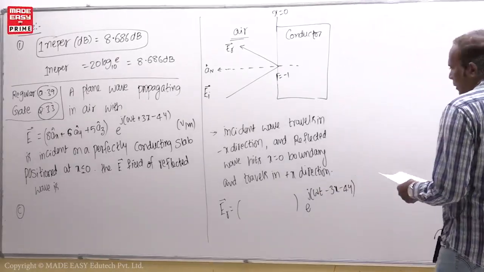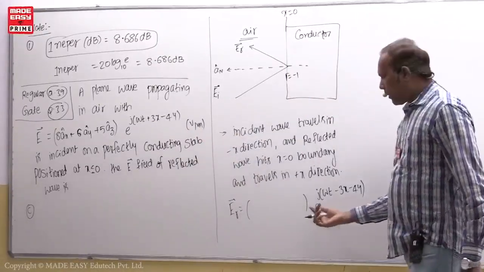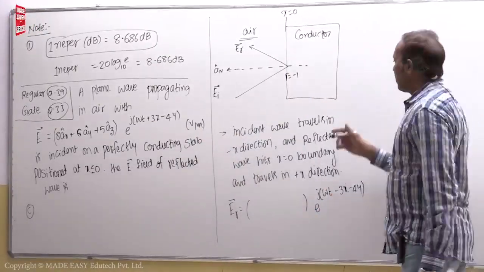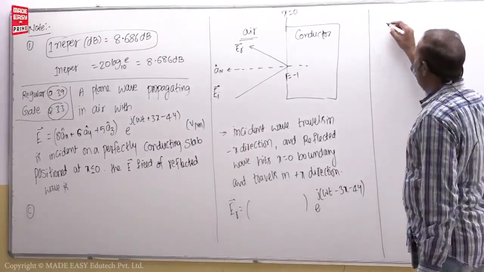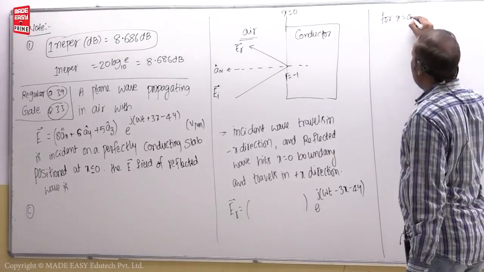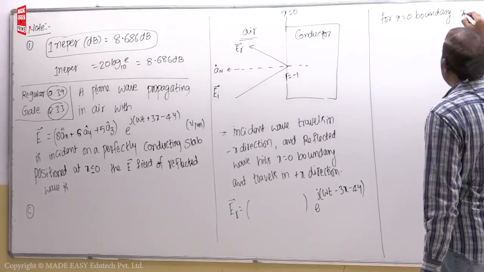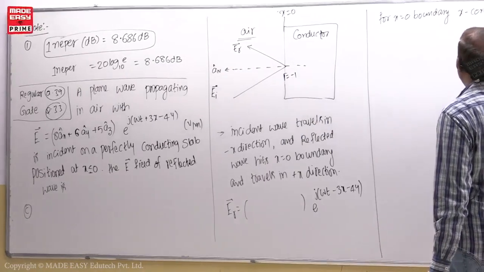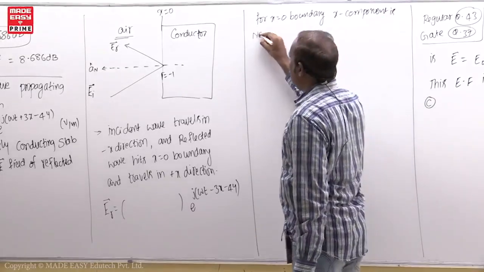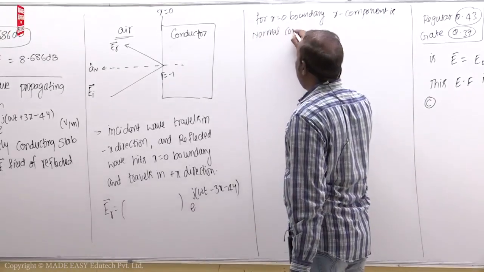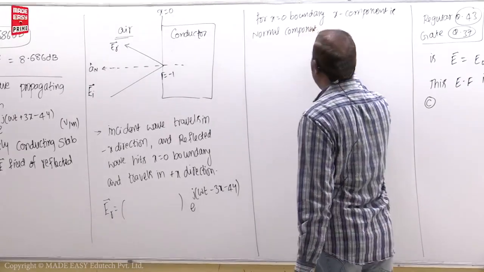Now I have written this term for the reflected wave. Now I have to write this one. Now I am writing here, for the x equal to 0 boundary, the x component is a normal component. Okay, the x component is the normal component.